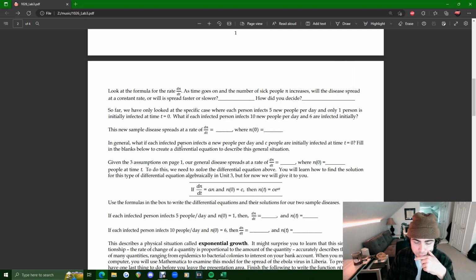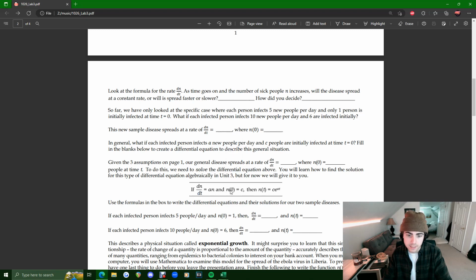In general, what if each infected person infects A new people per day and C people are initially infected? Applying what we just did, if it was 10N here, then in general, if it's A new people per day, it would be A times N. C would be the initial number of infected people, so N of 0 would equal C. dN over dt is A times N, and they give all of those to us right here.